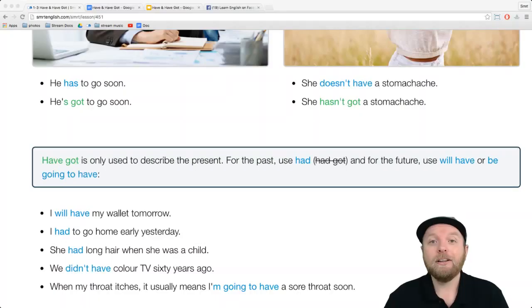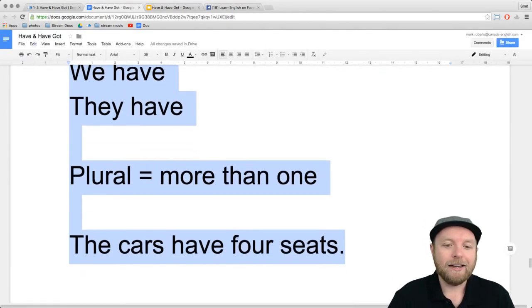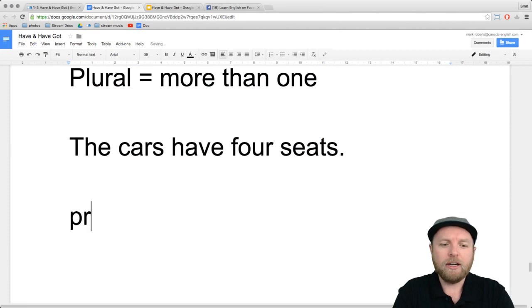We only use it to talk about now. If you are talking about the past, don't use have got. If you are talking about the future, don't use have got. We only use have got to talk about the present. Let's write that just to make sure you understand. Present. Now.